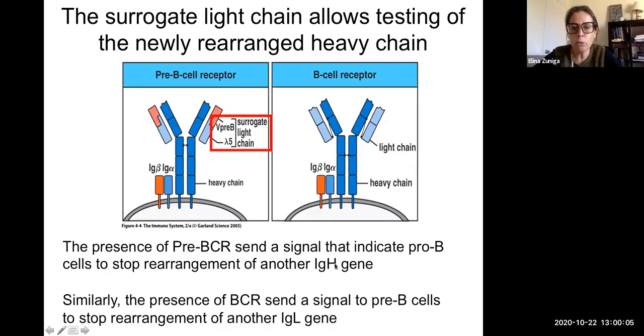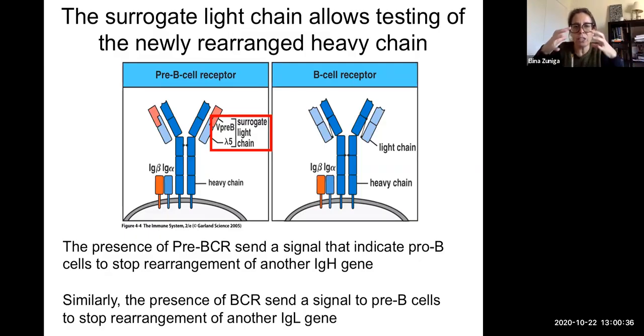Okay, and that's what you want, because you don't want the two copies of the immunoglobulin heavy chain locus to rearrange, because if that's the case, then you will have two versions of variable regions of the heavy chain. And if you have two versions of variable regions of the heavy chain, you will have two specificities at least. And you don't want that, right?